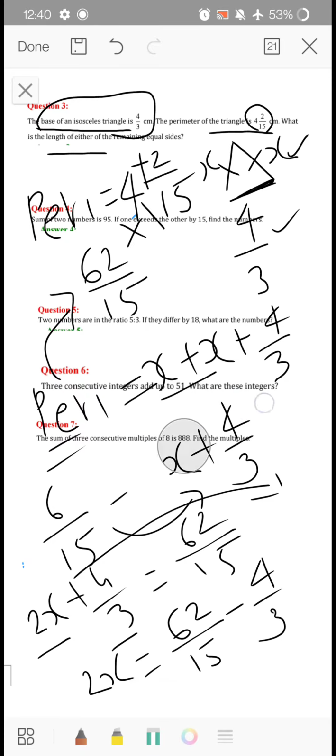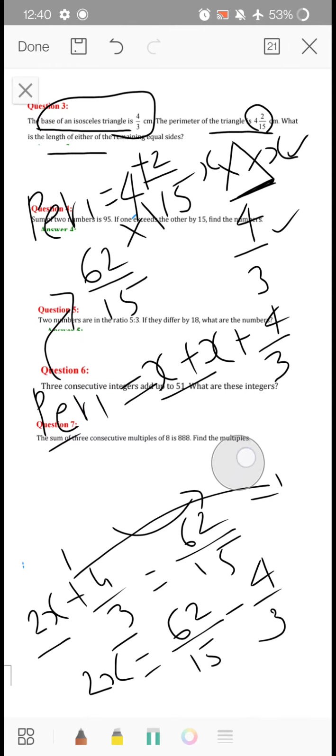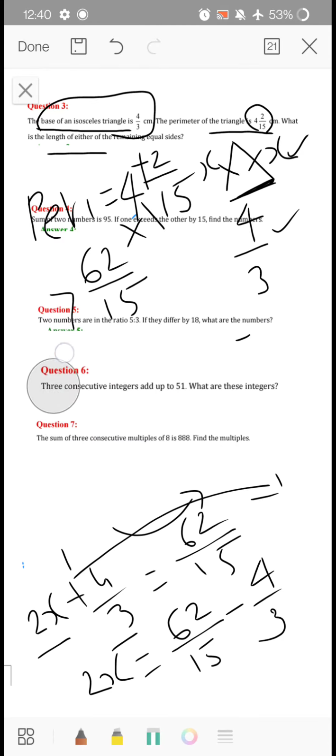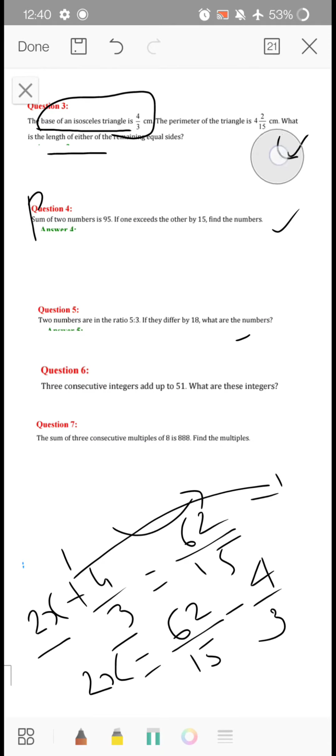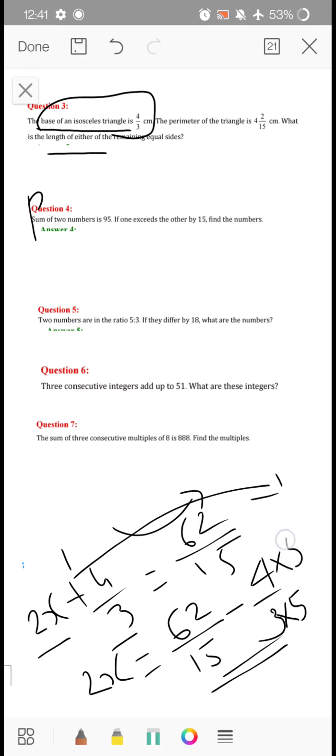Now if you look at this, these are not like fractions. Like fractions means their denominators must be the same. Then and then you can subtract the fractions. So you will take the LCM and your LCM will be 15. So you will multiply it by 5 as it is 3.